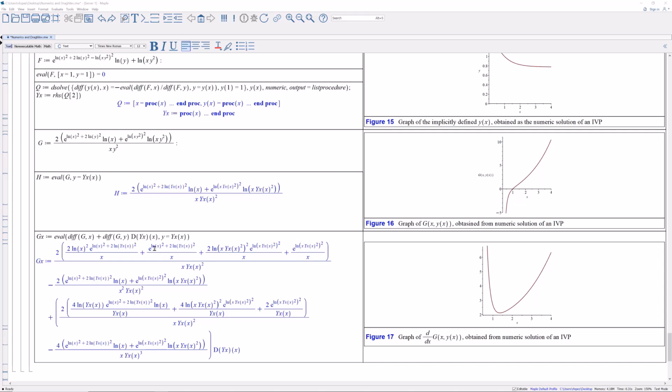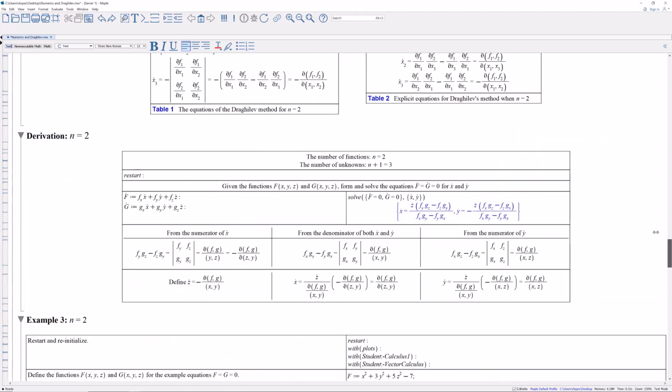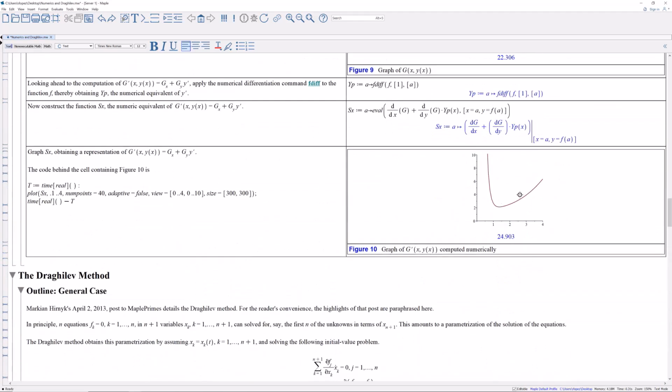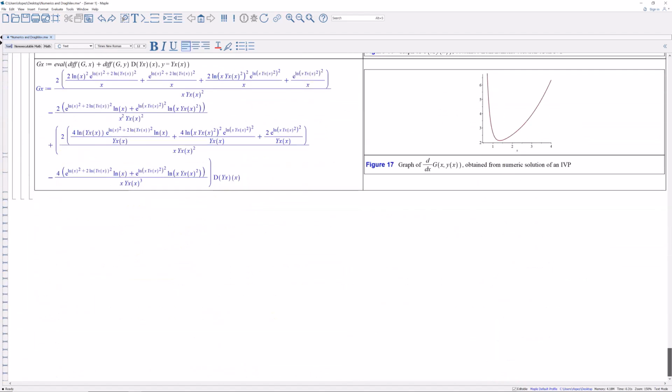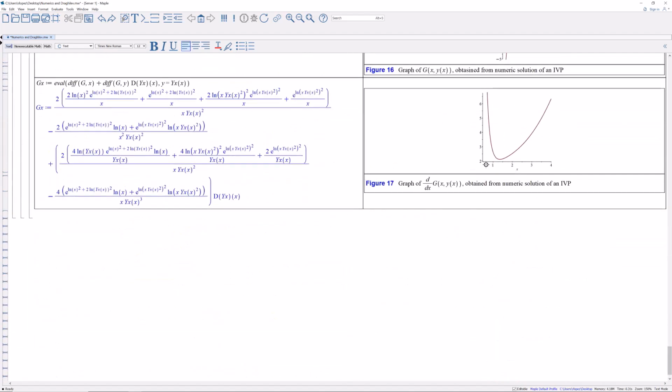So differential operator evaluated at x, and y is y of x. And so you get this monstrous expression here. Draw its graph. It's that same bowl-shaped graph that we obtained with more labor here. It's just a question of the frame in which we drew it. See there, it's 0 to 10, and here it is not 0 to 10. It starts down at 2.